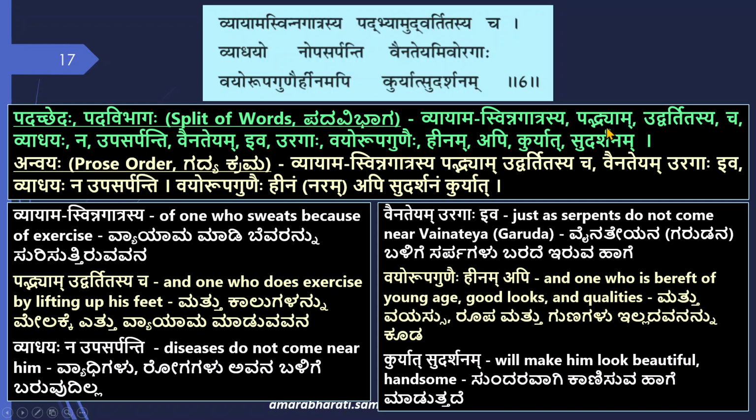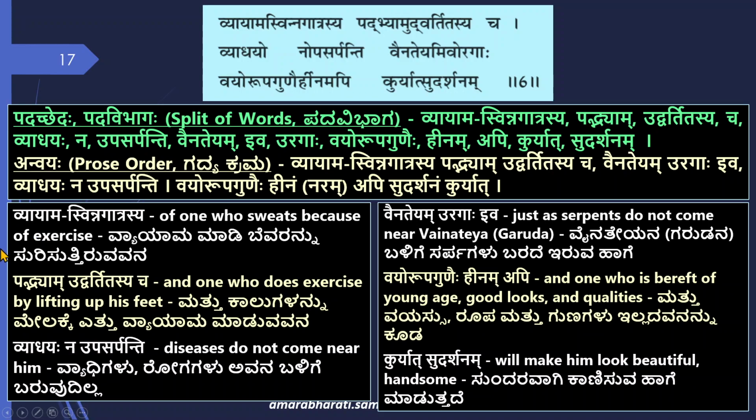Vyayamah gatrasya padbhyam udvartitasya cha vyadhayaha na upasarpanti vainateyam iva uragaha vayorupa gunaihi hinam api kuryat sudarshanam. Anvaya, the prose order, gadya krama: Vyayamah gatrasya padbhyam udvartitasya cha vainateyam uragaha iva vyadhayaha na upasarpanti vayorupa gunaihi hinam naram api sudarshanam kuryat.